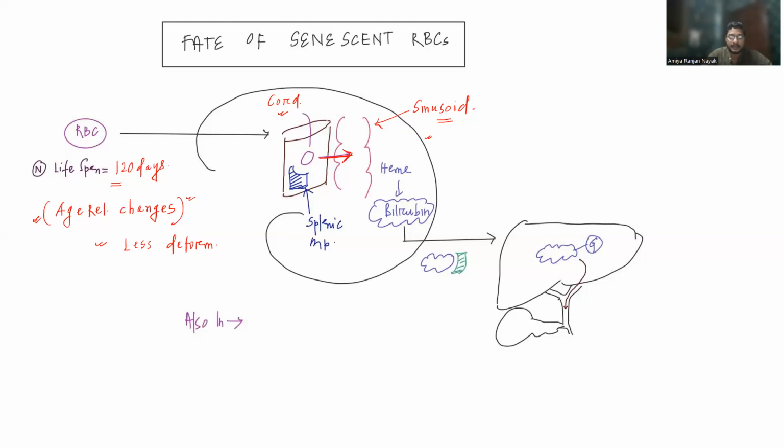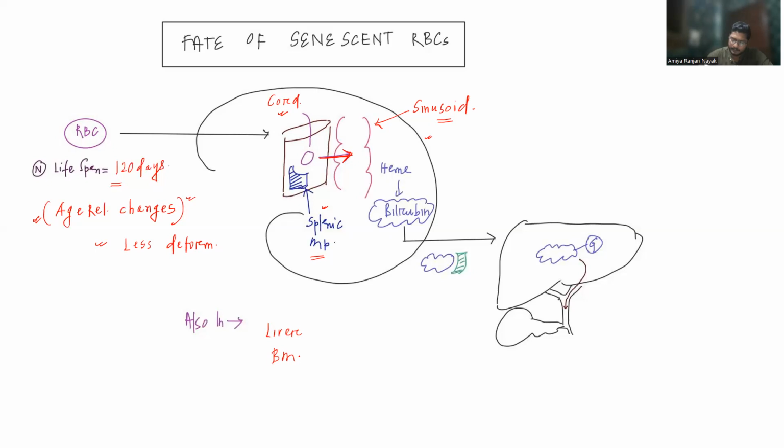If they get stuck there, they can be easily identified by the splenic macrophages, and the macrophages will engulf or destroy the RBCs. So this is how normal RBCs get destroyed after 120 days. This process also happens in the liver and in the bone marrow.